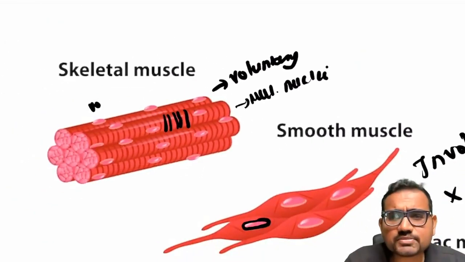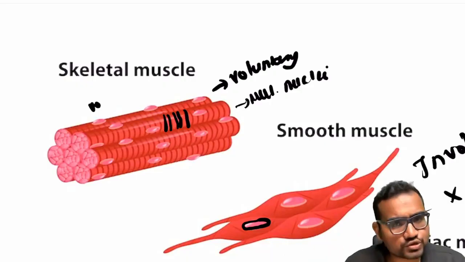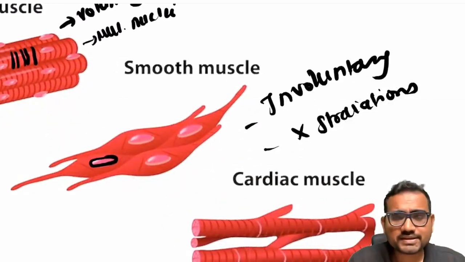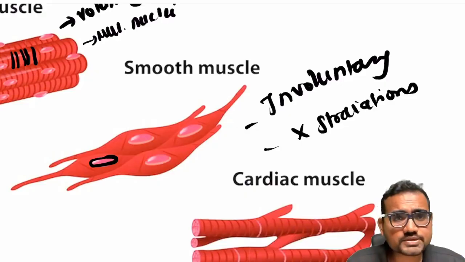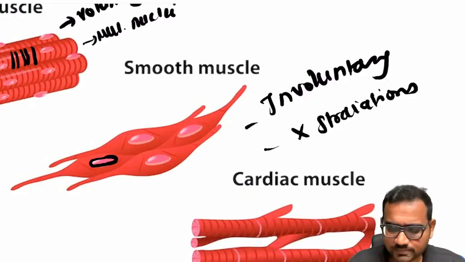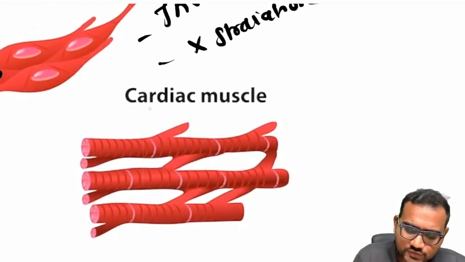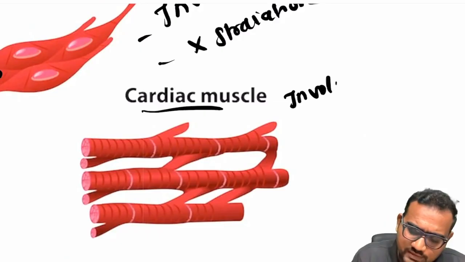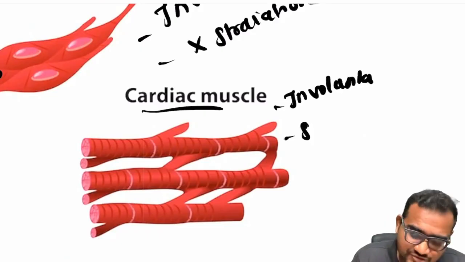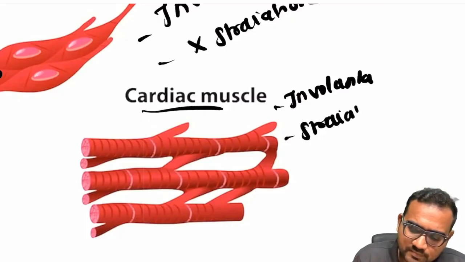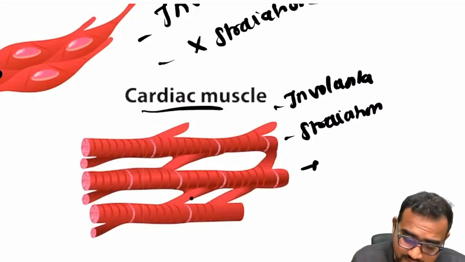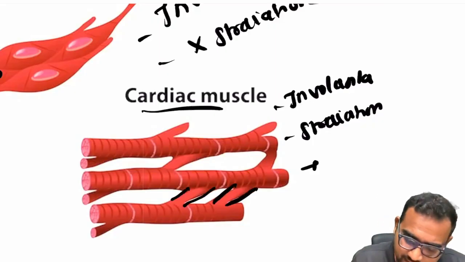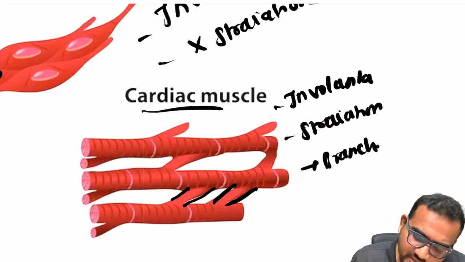What is the function of a skeletal muscle? Obviously body movements and posture. What is the function of smooth muscle? As I told you, peristalsis, uterine contractions in labor, iris contractions, and also it is helpful for vasoconstriction, that is blood pressure regulation. Now cardiac muscle is involuntary and it has striations, and one very important feature of cardiac muscle is it has branches and intercalated ducts.